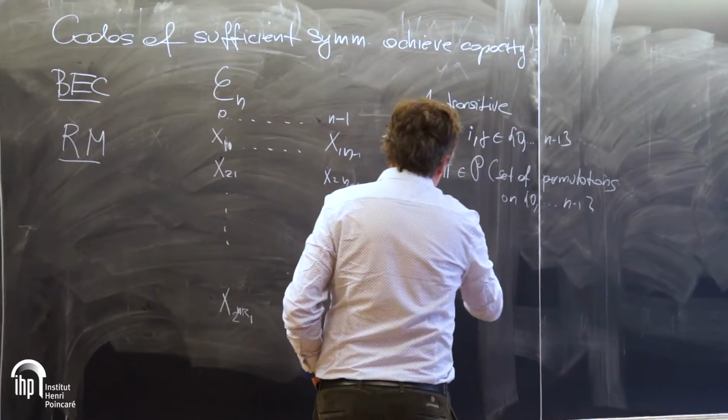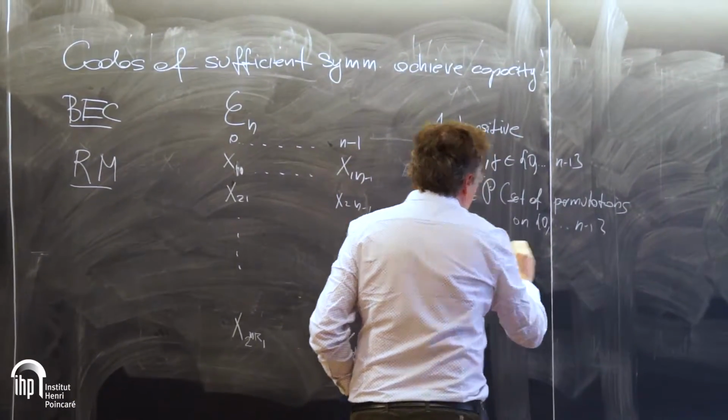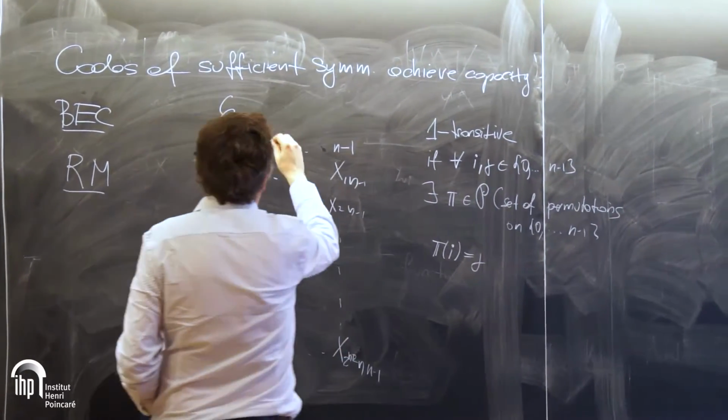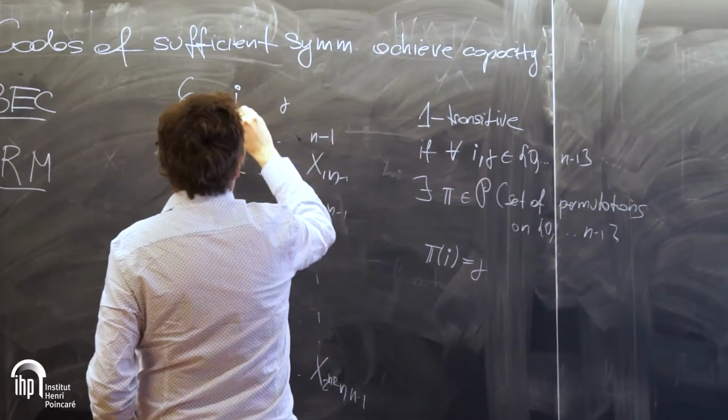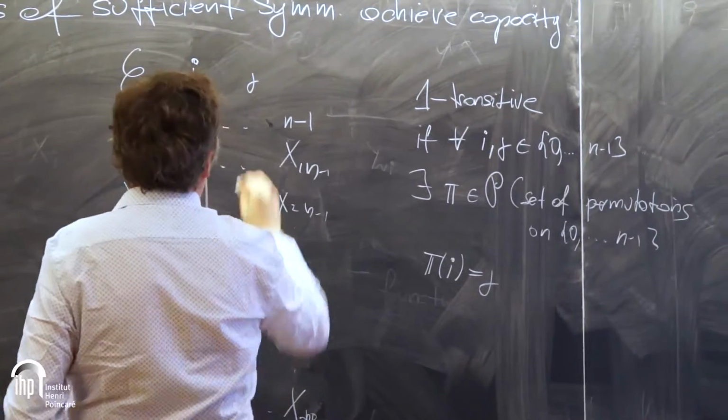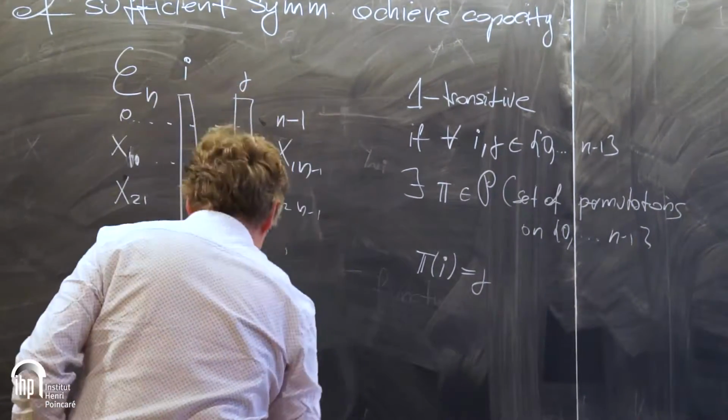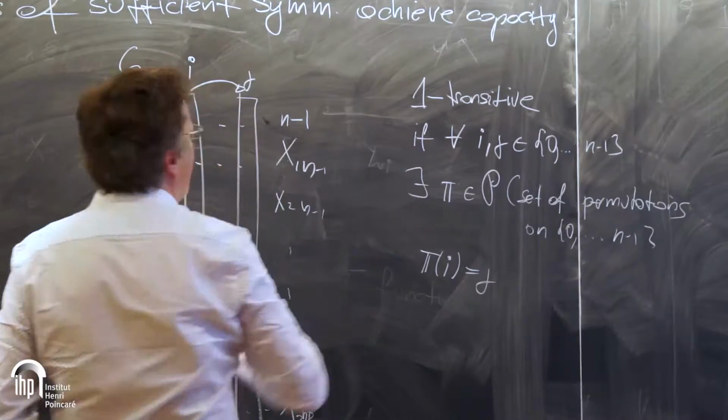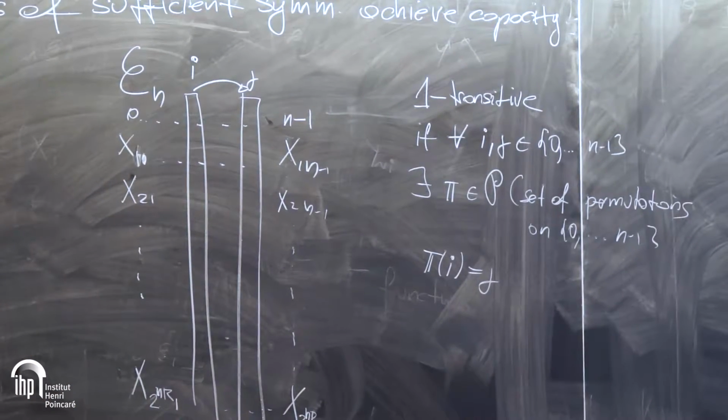First of all, the permutation maps i into j. So I'm taking a column i, I'm taking a column j, and this permutation maps i into j, no other restrictions.